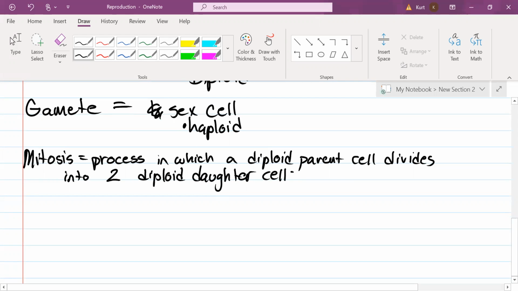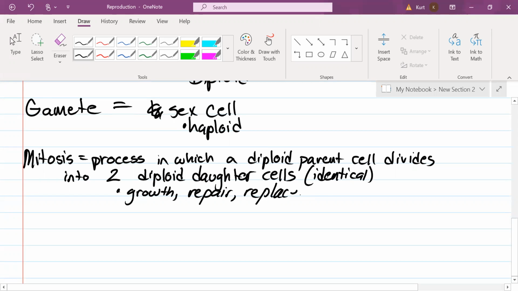And I almost forgot to mention, they are identical. Mitosis is good for growth, repair, and replacement of old worn out cells, like when you're shedding your skin on your bed.